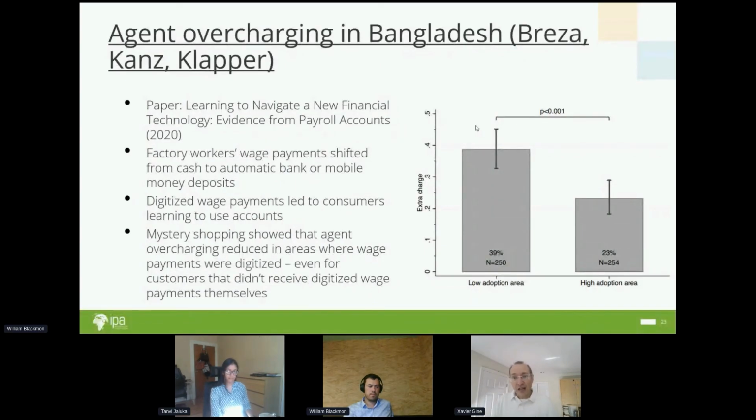They do different transactions, and they also do transactions on their own outside the factory. So there's more knowledge. And as these individuals learn how to use these accounts, they rely less and less on agents.